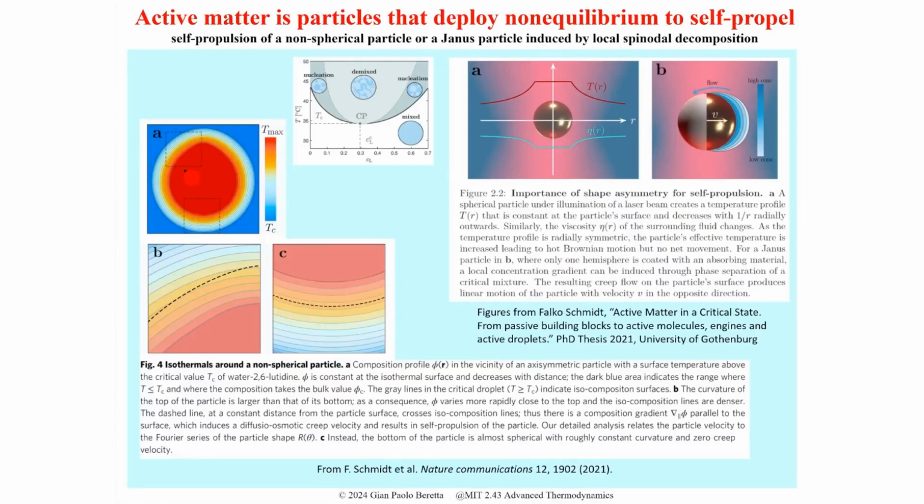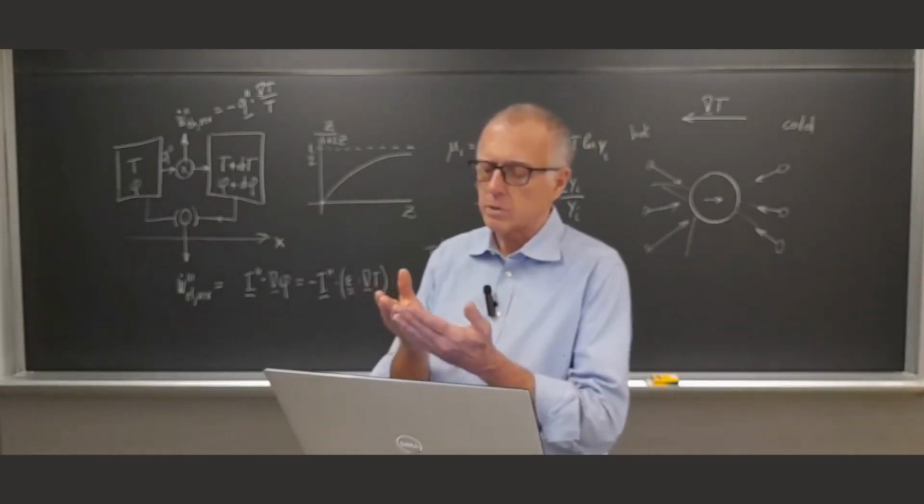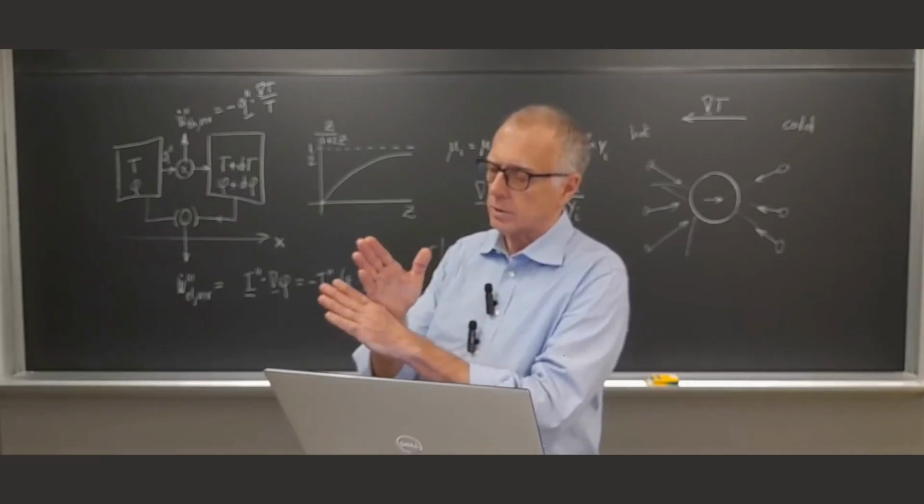Or here they have still a gold-plated particle, but all around, so it's not Janus, but it's not completely spherical. So it's a non-spherical particle, and the non-spherical aspect here makes it so that the gradient in the concentration and the gradient in temperature cross. So that crossing means that these two gradients are not directed in the same direction.